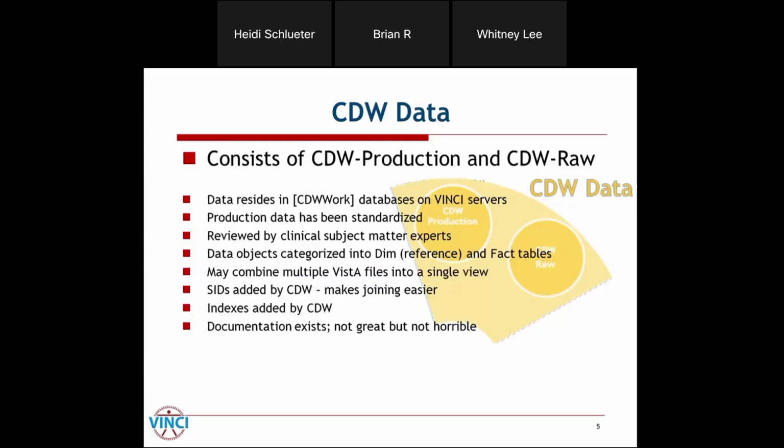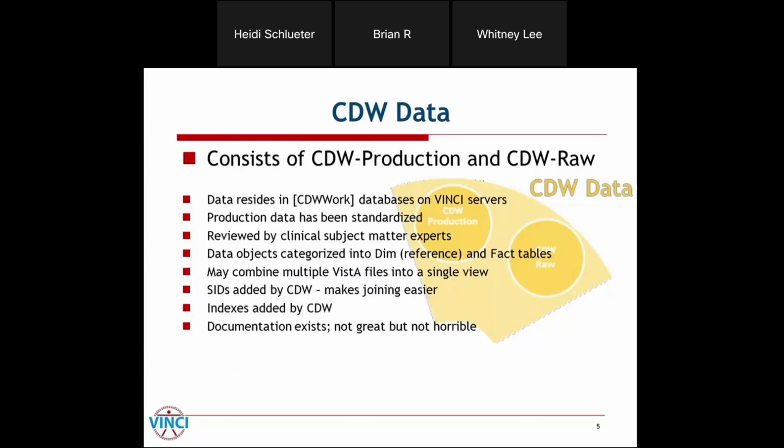So first I'll start with the actual CDW data itself. This consists of the CDW production and CDW raw data. The data resides in CDW work databases on Vinci servers. This is production data that has been standardized. It has been reviewed by clinical subject matter experts. The data is categorized into both DIM or reference and fact tables.